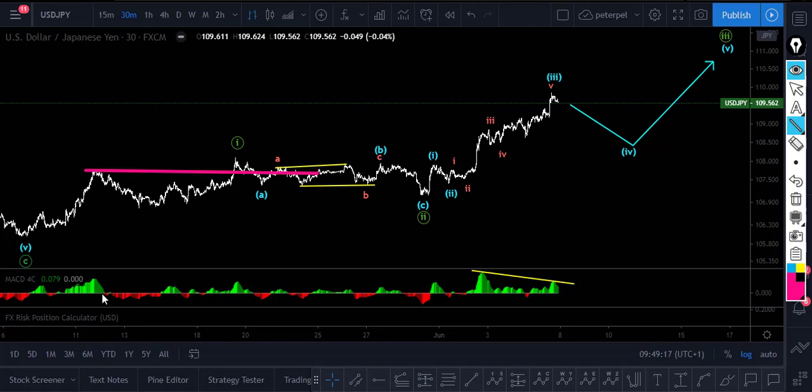So what happens is, now this is the peak of this bullish ride, and this is the peak of the MACD. So there was a correction, and now price made a higher high.